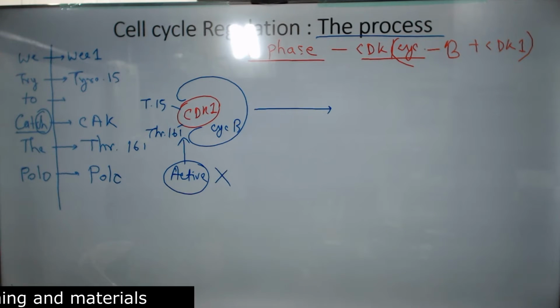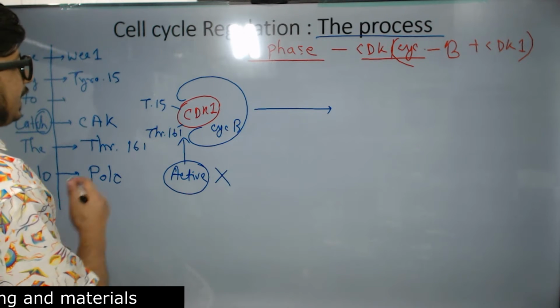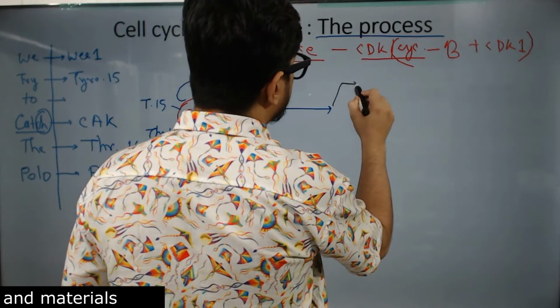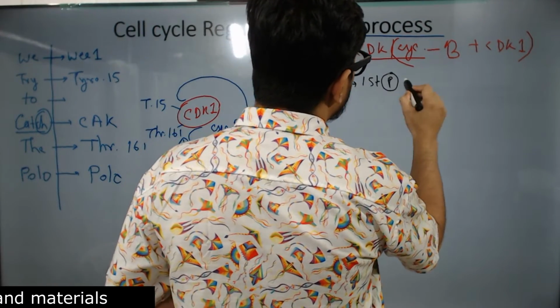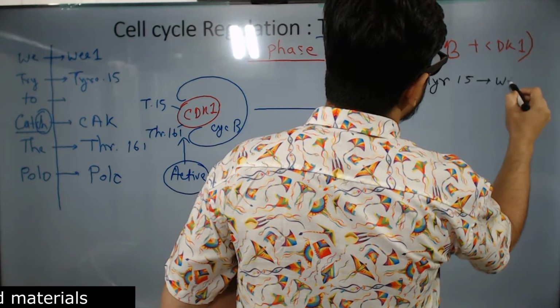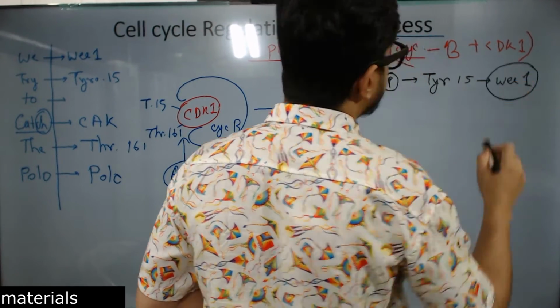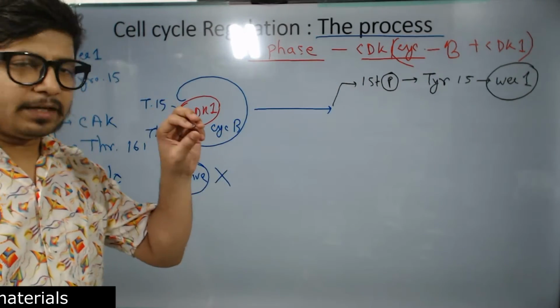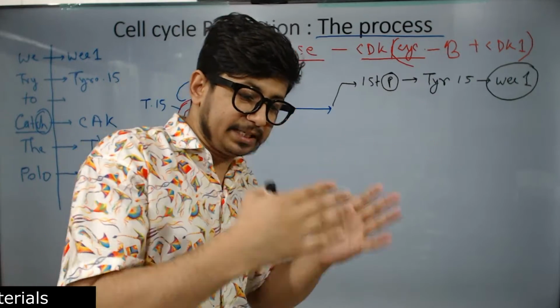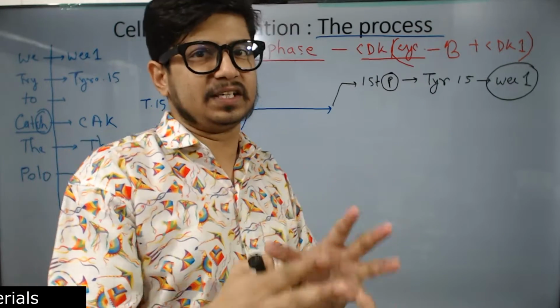Okay. So there are two phosphorylations. The first phosphorylation is done on tyrosine 15 by WEE1. WEE1 is again a kinase that can add a phosphate group. It is adding a phosphate group to tyrosine 15, meaning the residue number 15 of the tyrosine amino acid residue.